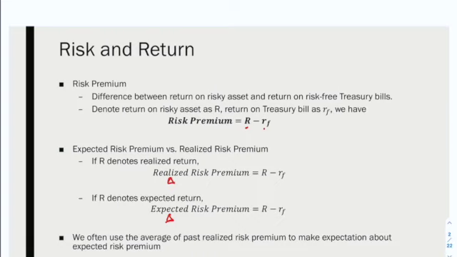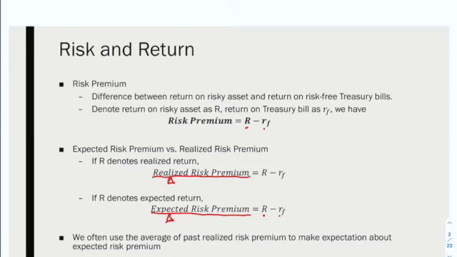Depending on which return we're talking about, we also have the realized risk premium, the actual difference between past returns and the risk-free asset, and the expected risk premium, the risk premium we expect to earn if we invest in a risky asset, making expected return R, and we're making returns from the risk-free asset RF.